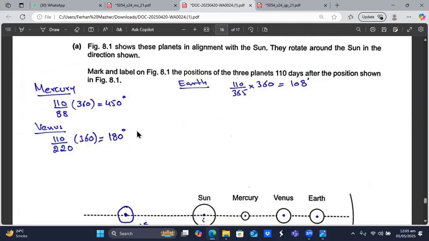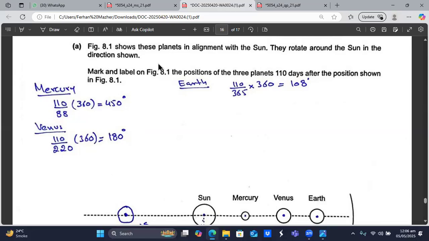For Venus, 110 divided by 220, because in 220 days it completes 360 degrees, so in 110 days it completes only 180 degrees. For Earth, it is 110 divided by 365 multiplied by 360, and that is 108 degrees.